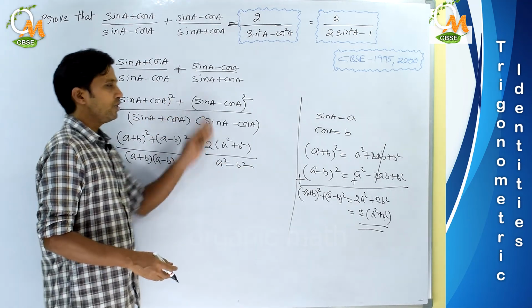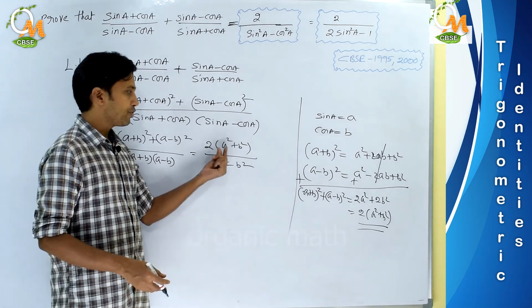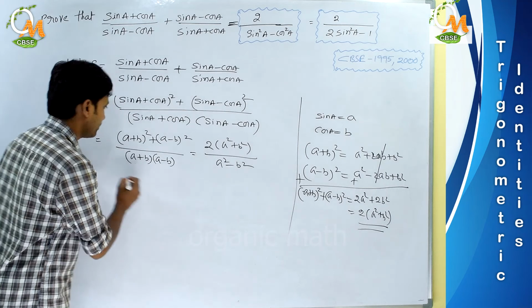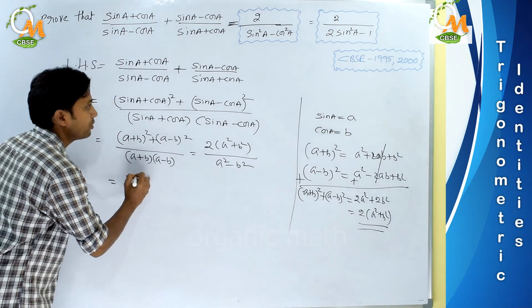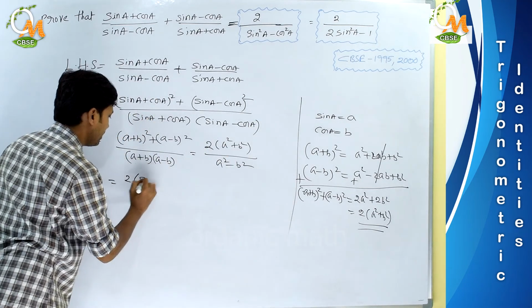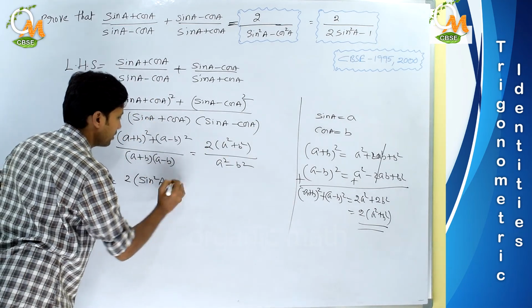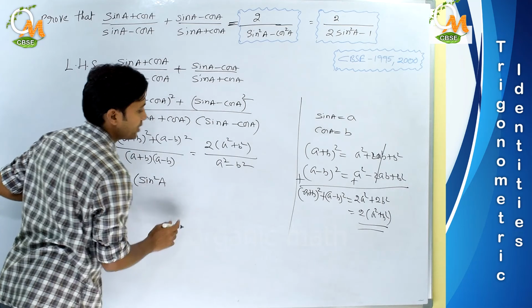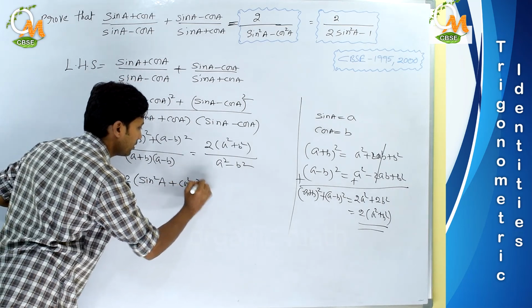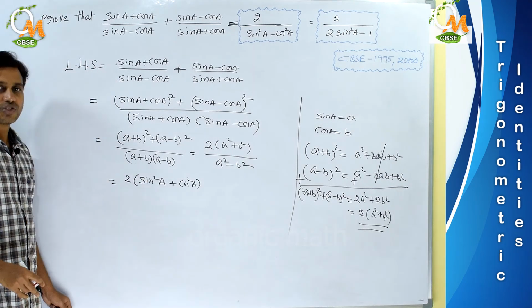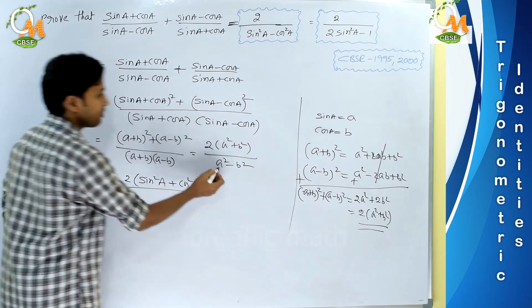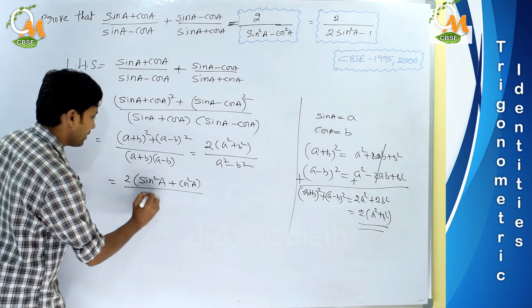Now substitute the original values of A and B. A square means sin²A, and B square means cos²A, so 2 into sin²A plus cos²A upon sin²A minus cos²A.